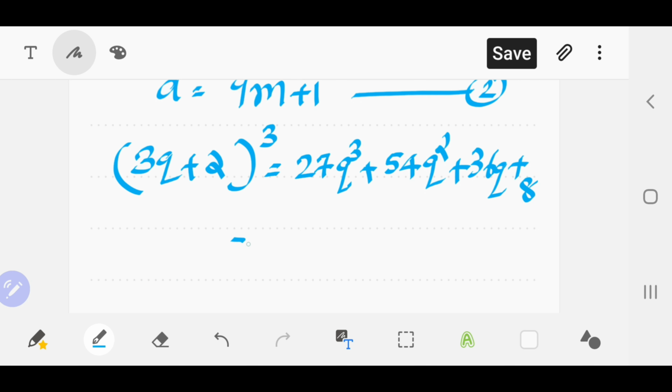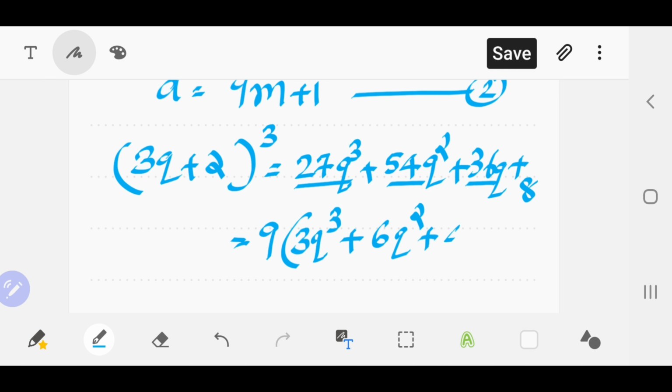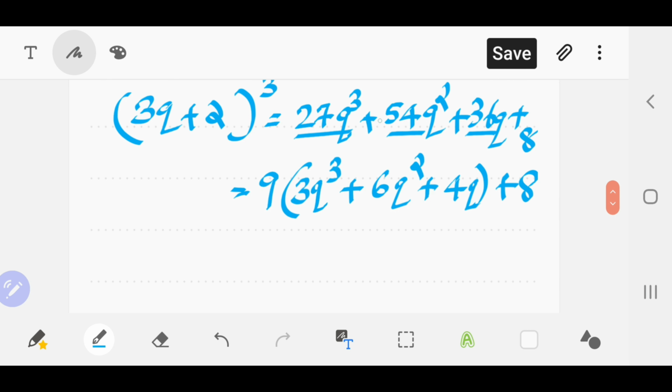Here also it is the same: take the first three terms, where 9 is common. If you take out 9 from all the terms, the first term you will get 3q cube, the second term 6q square, plus 4q, plus this 8.